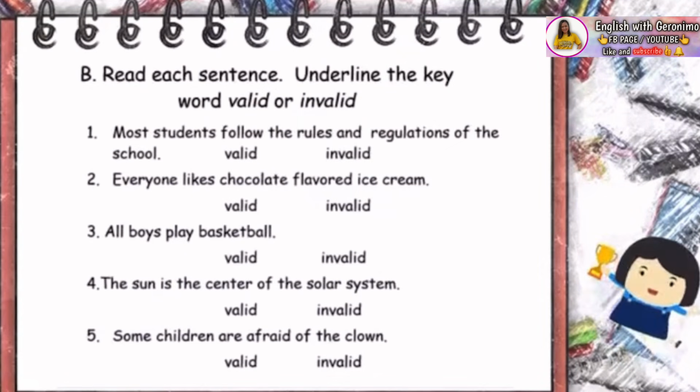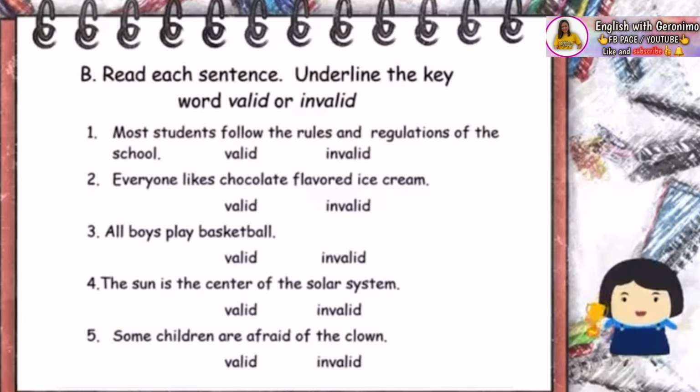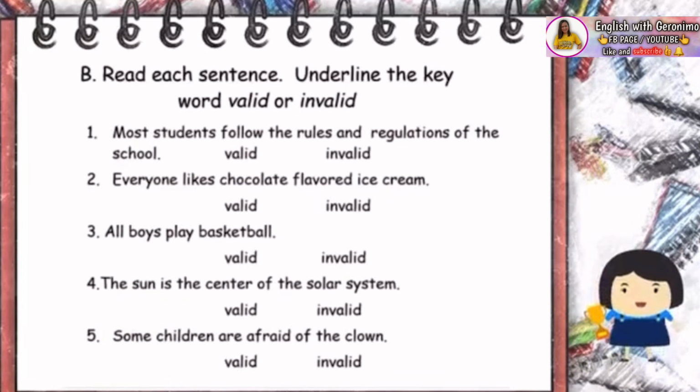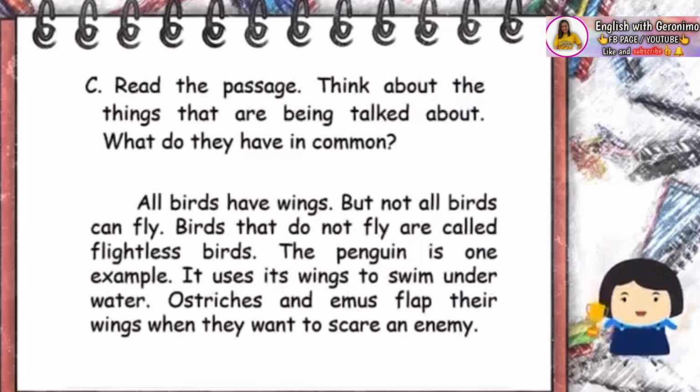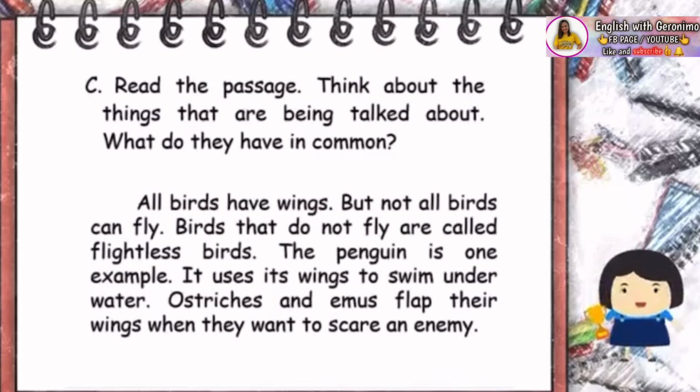Underline the keyword valid or invalid. Read the passage. Think about the things that are being talked about. What do they have in common?